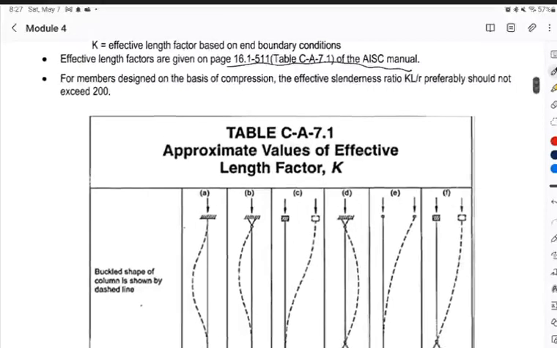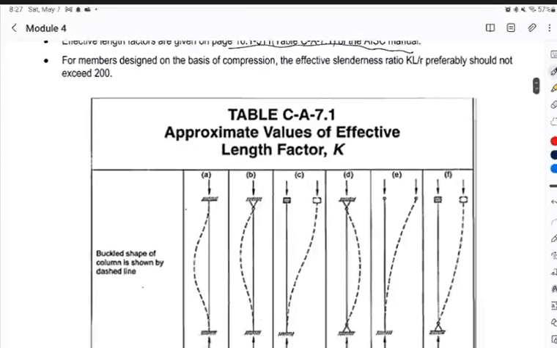So for members designed on the basis of compression, the effective slenderness ratio, KL over r, preferably should not exceed 200. Okay, so we have a slenderness ratio, class, na kino-consider natin. Okay, so in design, di ba meron din tayo sa tension, and it should not exceed 300.